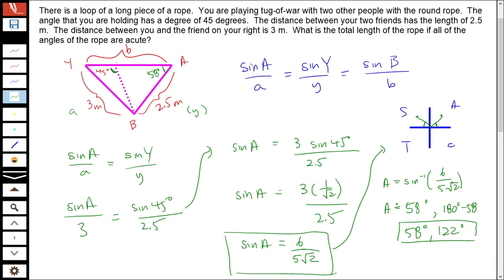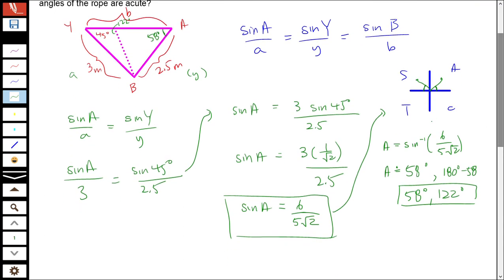So if this A value, sorry, the A angle was here. So if this was my triangle, then my angle here would be 122. Okay, so this will be 122. But is this the angle that we want to use? No, so I'm just going to stick with the 58. I just have to emphasize this so that you know that when we have the ambiguous sine law, that we could have two possibilities. However, we have to choose the acute angle.